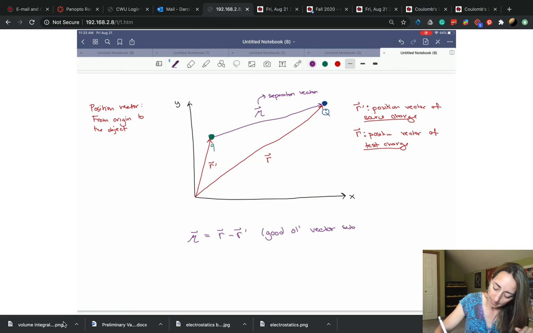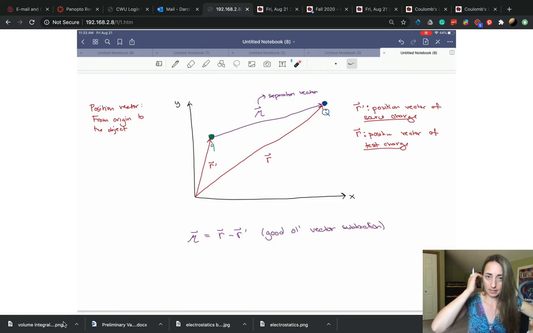So we should be going back into our brains and remembering how I do vector subtraction graphically, right? How I do it using unit vector notation. These are the kind of things we're going to be reviewing. So just to remember how you do it graphically, I won't actually do it precisely here, but we're going to take this vector, our r vector, and we are going to subtract our r prime vector. What that means is, if you guys remember, we're going to add the negative of our r prime vector.